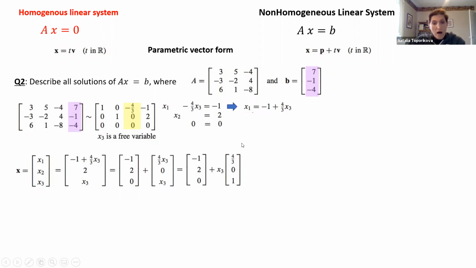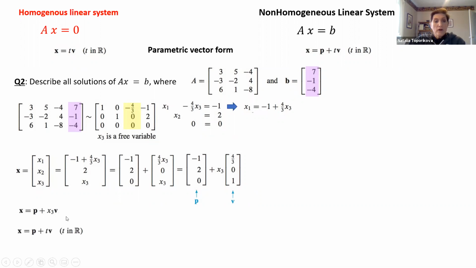And again, we are clearly looking at a linear combination here and some kind of vector. So let's give them names. Let's call our new vector consisting of 3 numbers p. And for the second vector, the one which forms a linear combination, we will call it v. So basically we can write down our solution now in vector form: vector x is equal to vector p plus x3 times vector v.